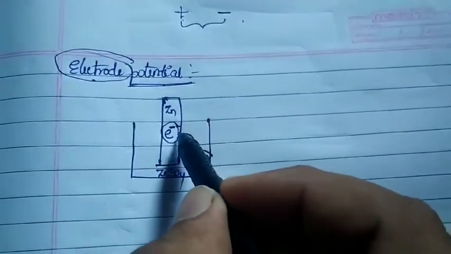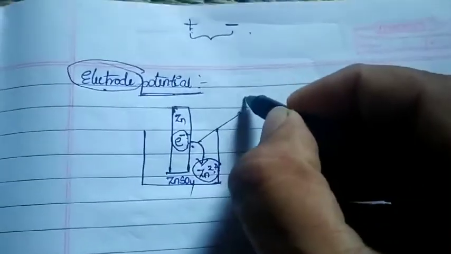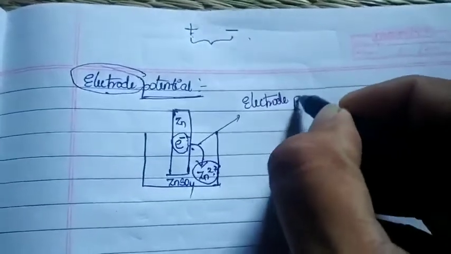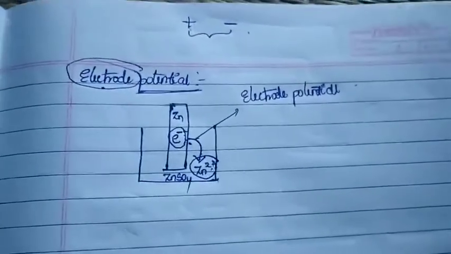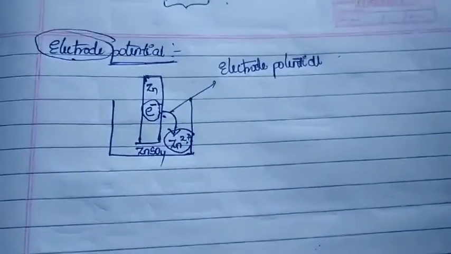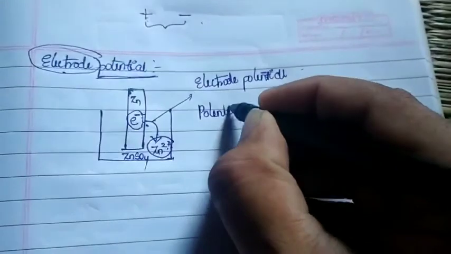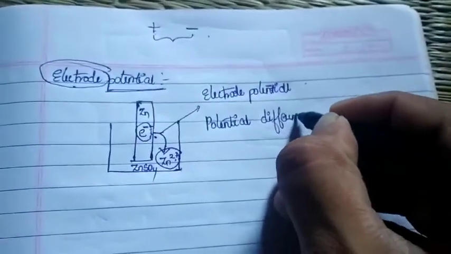This potential which is generated is itself called what? Electrode potential. So how can I define it?